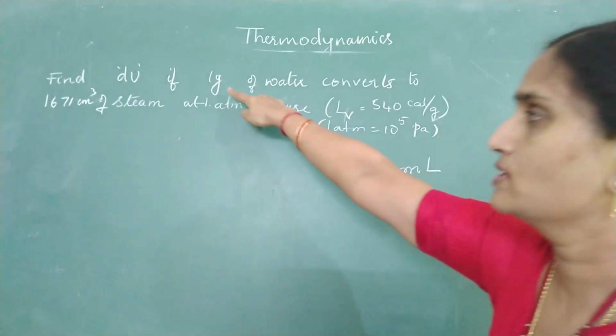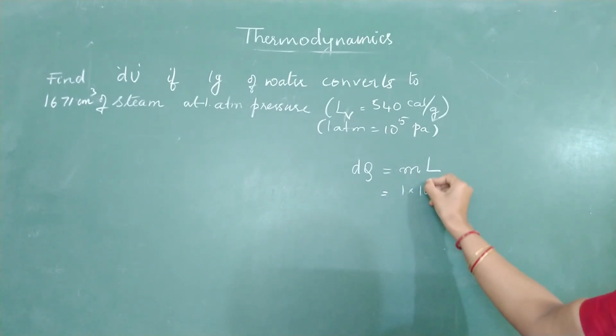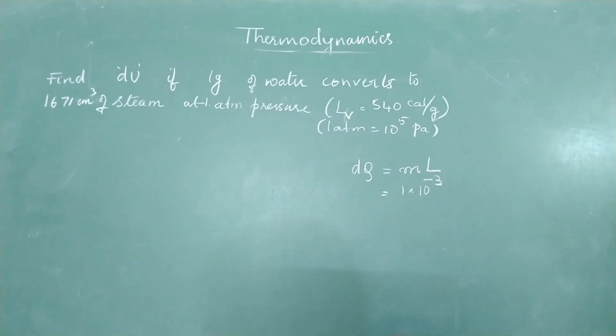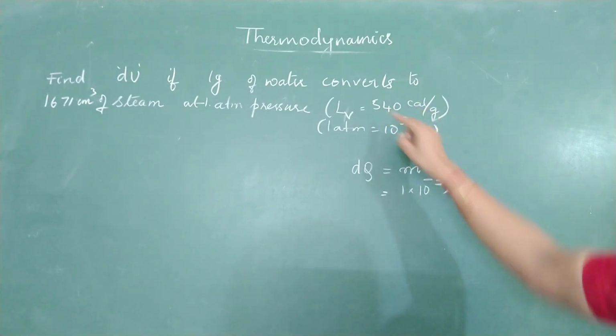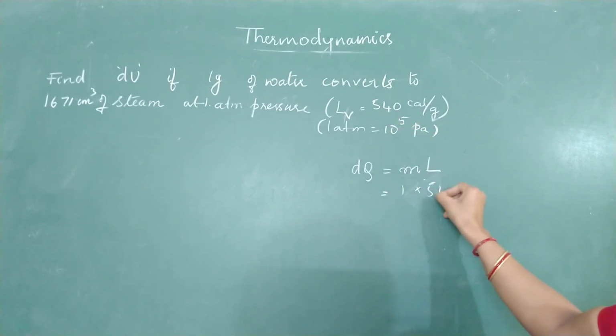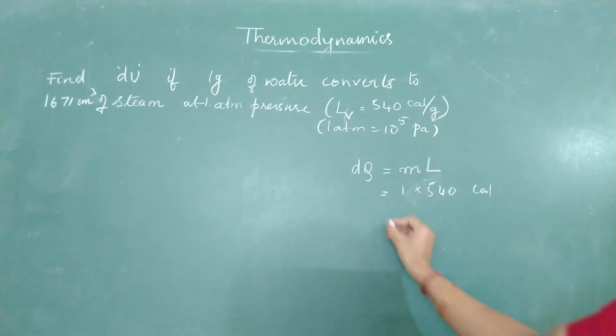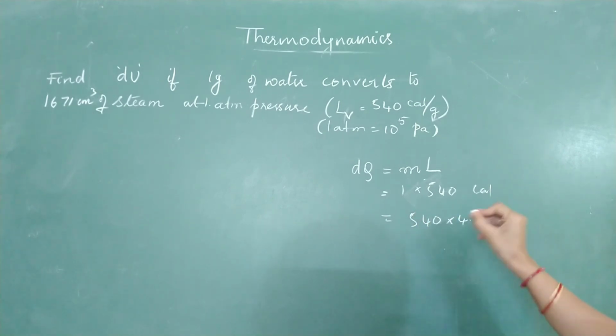Mass is 1 gram, which I am converting to kg as 10 power minus 3. L is in calorie per gram. So what is the answer? First, let us keep it in grams. 1 gram into 540 calories. Convert into joules. 540 into 4.2 joules.